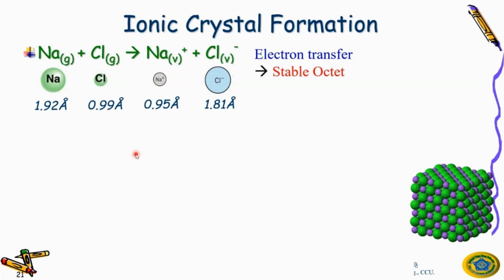And then the chlorine atom becomes a chlorine anion, and the size of this anion increases. Okay. And then these two vapor ions become a sodium chloride vapor.